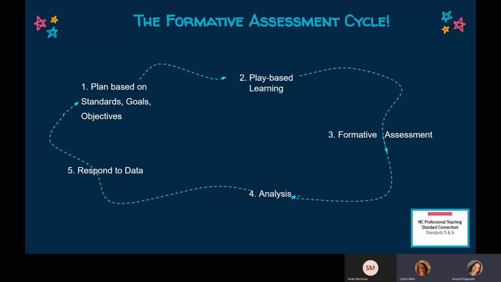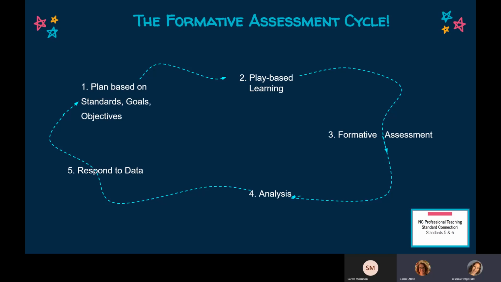Step 1, plan based on the North Carolina Standard Course of Study, pre-K standards or goals and objectives. Step 2, send the kids off to learn using play-based learning activities. Step 3, while the children are learning through play, the teacher will be collecting data using the formative assessment process.